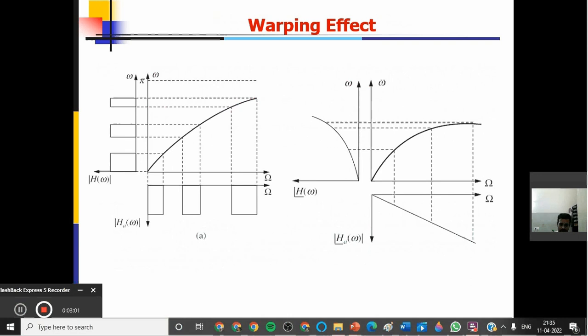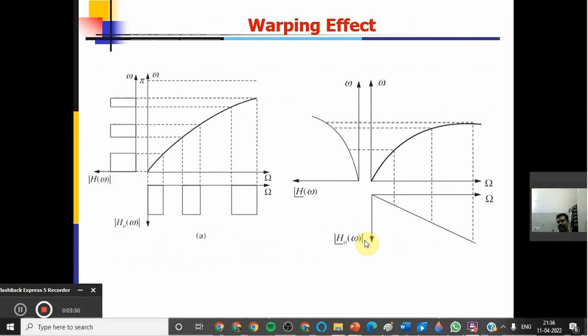What is frequency warping? While converting from analog cutoff frequency to digital cutoff frequency, at low frequency the frequency is expanded, and at high frequency the frequency is compressed. This distortion is called frequency warping. Similarly, this is the phase response, and this is the magnitude response.